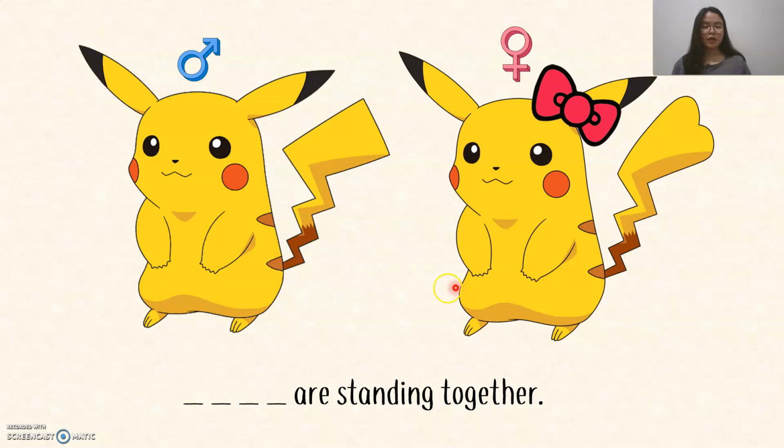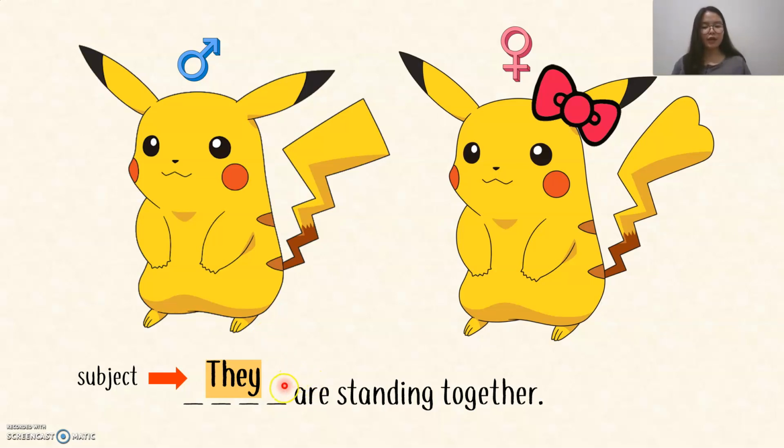And this one, we have both male and female Pikachus, so we have more than one subject here. We have two subjects, so we use they. Still the same, it is used as the subject of the sentence, but there is more than one subject, so we use they instead of she and he.